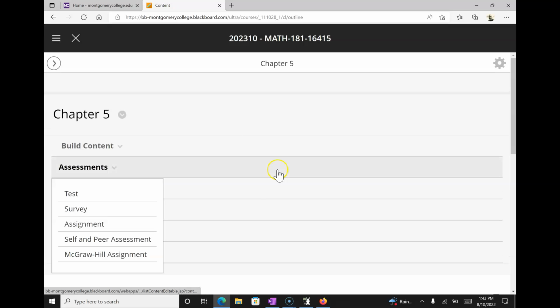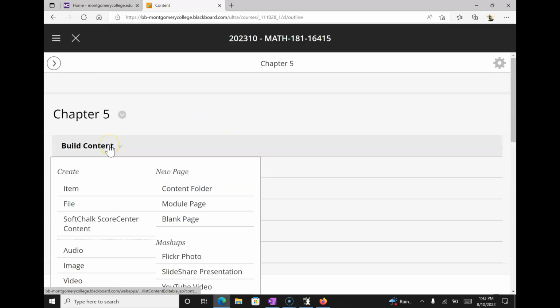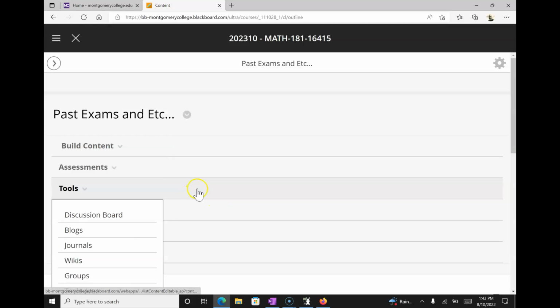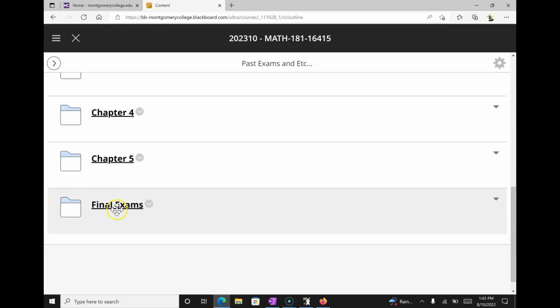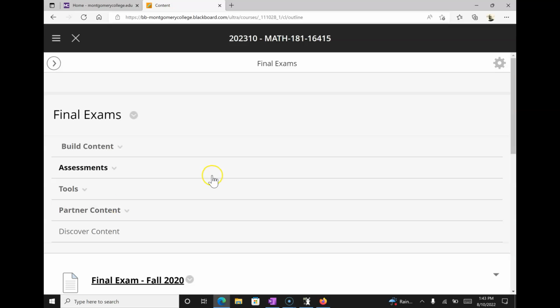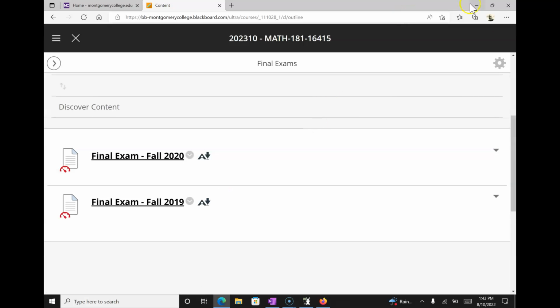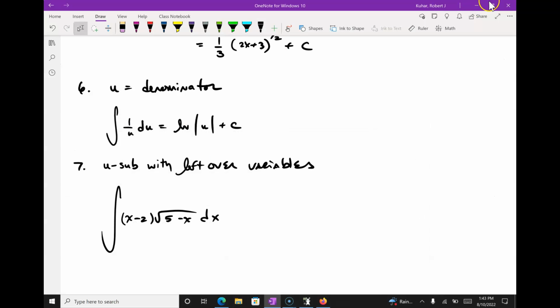How do I get back? I guess I didn't post my integral checklist that I'm going to give you. Let me see if I can find it here.